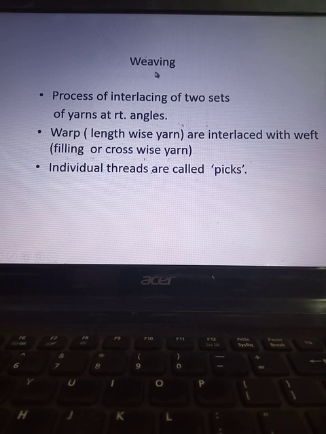How can I get a plane with a line, putting multiple lines together? That process of interlacing two sets of yarns at right angles is called weaving.